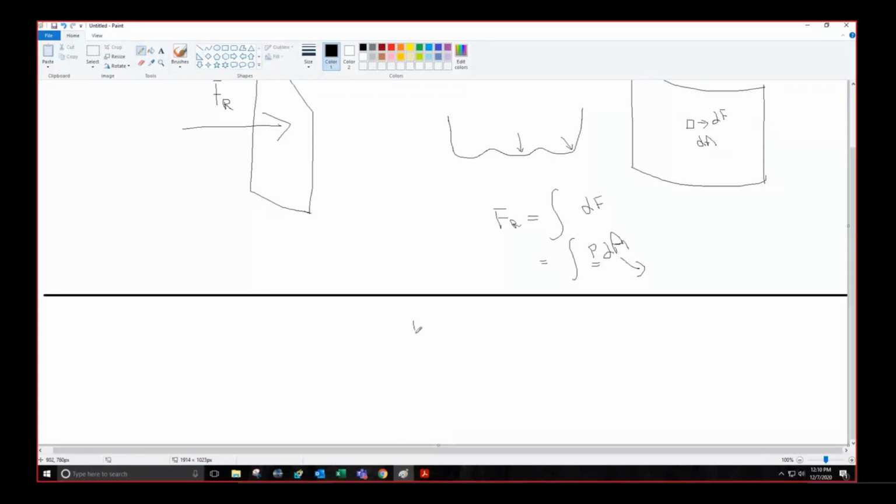Let's say we have a curved surface like this, and we are interested in calculating the resultant force, or the hydrostatic force FR, on this surface. We try to understand it with a simple example.